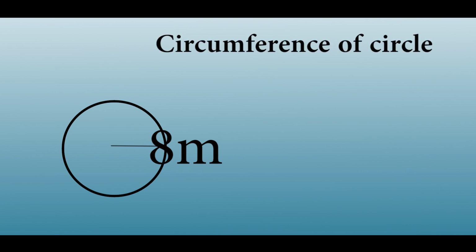Do you know the formula to find the circumference of a circle? Yes, we know it. What is that? That is C equals pi times 2 times r, right? Now, let's look at the radius, which is 8 meter. When you multiply 2 times 8, we get 16.